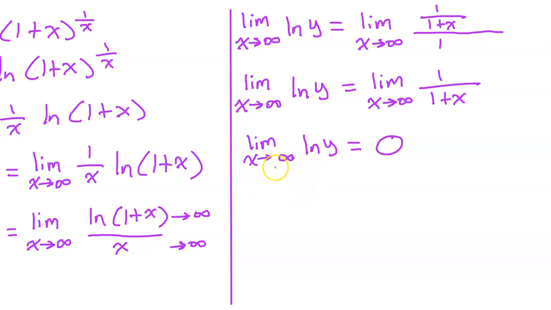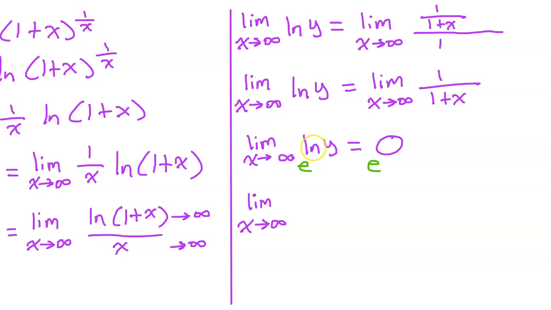Anyway, we really need to find the limit as x approaches infinity of y, not natural log y. So the trick that we can use to get y by itself is we can exponentiate both sides of this equation. Even though there's a limit expression here, it still is valid.